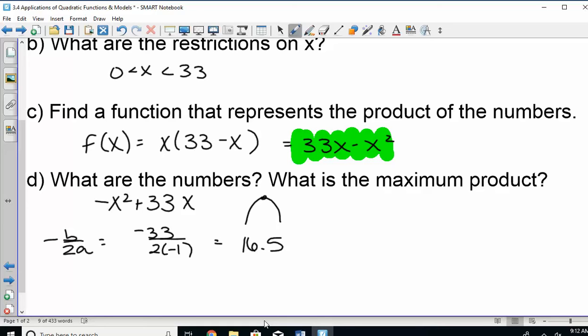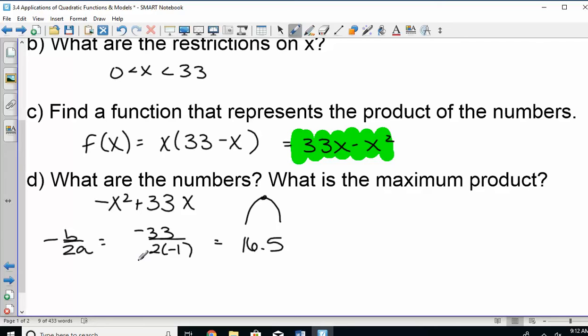Am I done? No. I found the first number. I want the maximum product, so what do I need to do with that? Plug it back in. Okay, so this tells me the number.